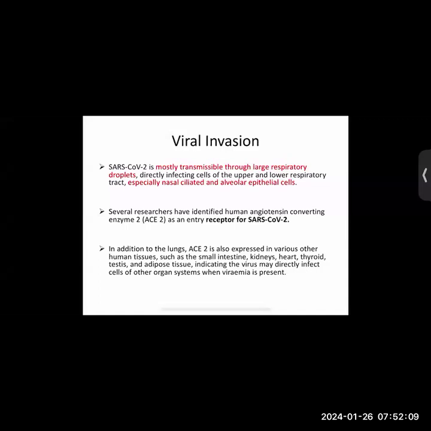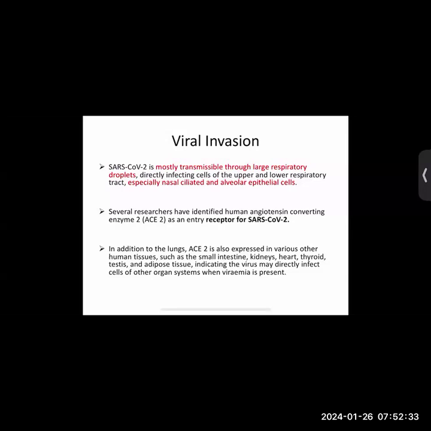So talking about the viral invasion, now the SARS-CoV-2 virus actually attached to the host cells through the spike protein, that's the S, attaching to the angiotensin converting enzyme 2, which is actually the entry receptor for SARS-CoV-2.